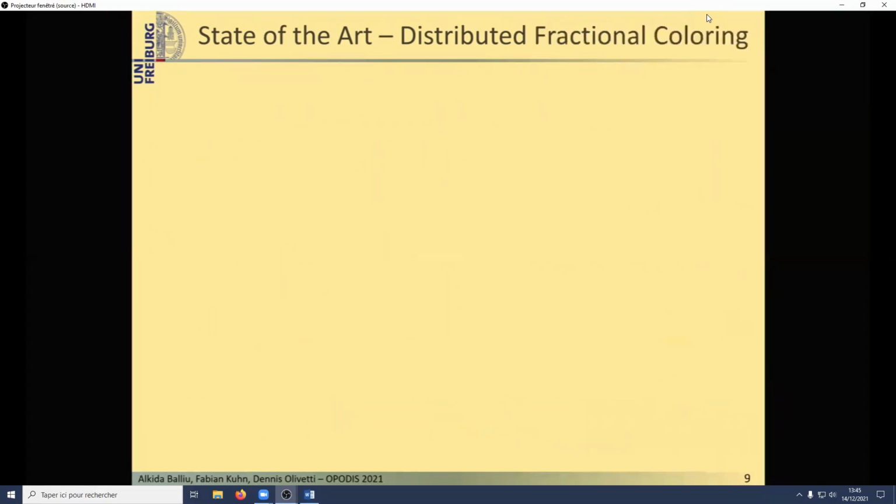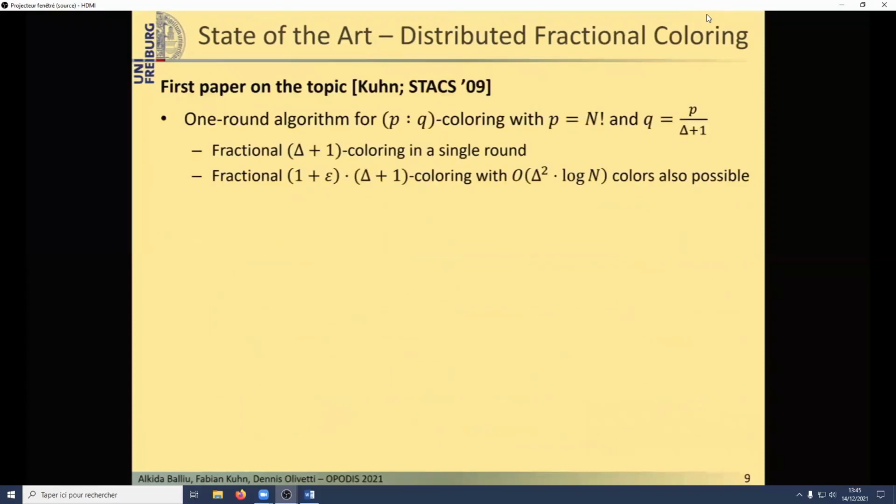So what do we know about fractional coloring? The first paper on it was in 2009, actually by myself, which shows that fractional delta plus one coloring, like there's this long line of research which led to the best bounds I gave you in the previous slide, you can actually solve very efficiently. You can solve it in a single round.